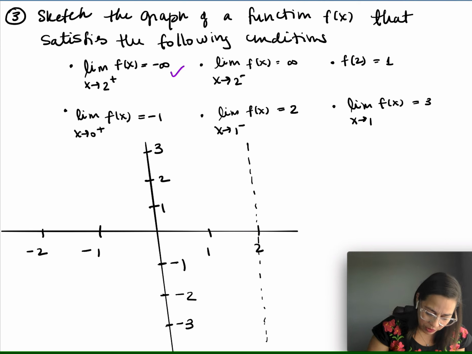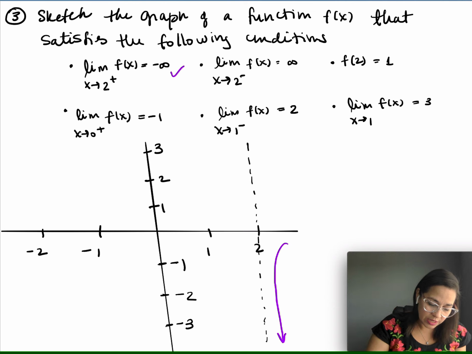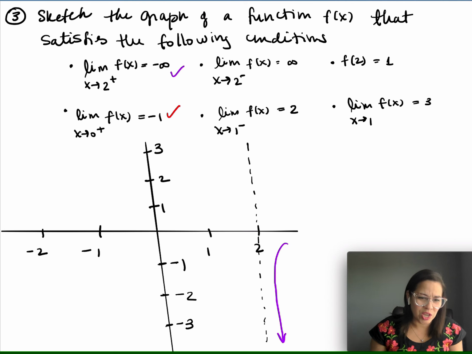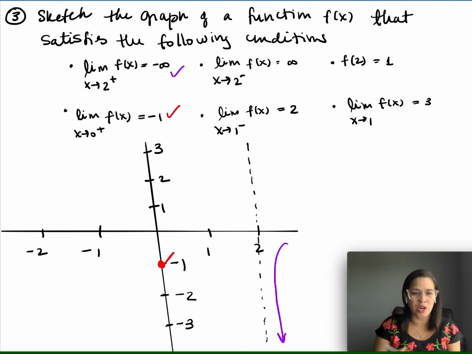So I try to get really close to 2 from the right, and it takes me to -infinity. I'm done. Perfect. And now I move to the next one. The limit as x approaches 0 from the right is -1. So if I'm approaching 0 from the right and it takes me to -1, then here I have -1. From the right, it takes me there. And I do something like that so that you know you're coming from the right.